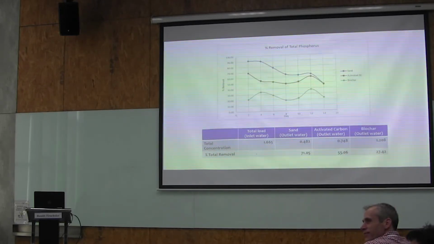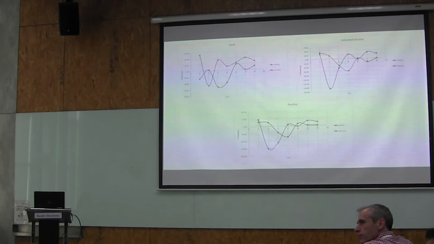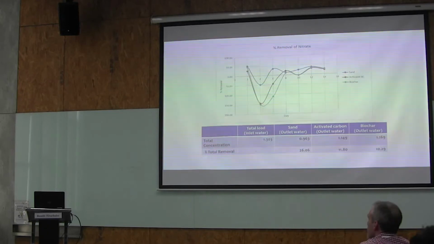He said the biochar has phosphorus in its cells. We have the previous studies. I mean, why does the sand have higher performance than the biochar?